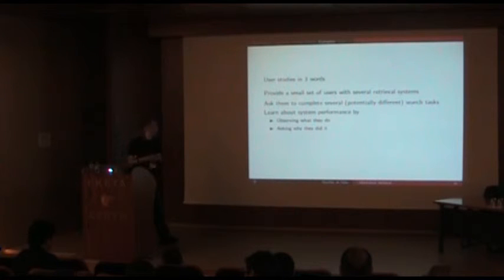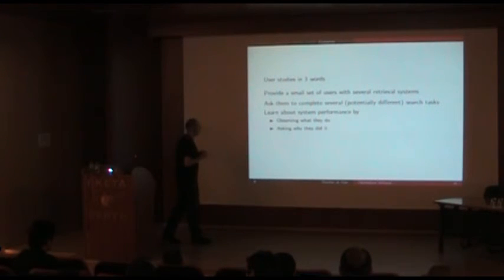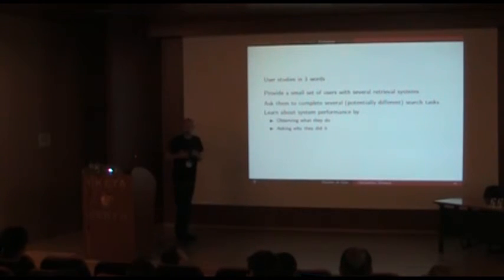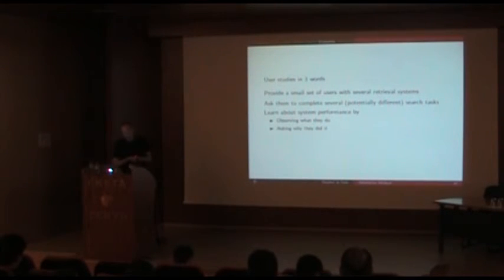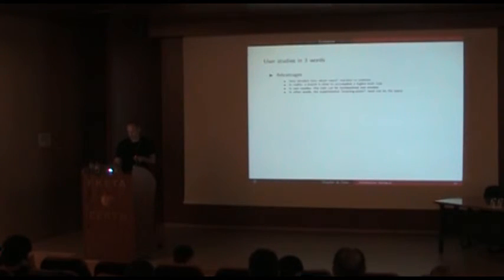User studies in 3 words. That's for instance what we used in that study for diversity that I mentioned before. So you take this relatively small set of users with multiple retrieval systems, and you ask them to complete some tasks, and you learn about your system by observing what they do and asking them, if you see differences, how those came about, why they were doing what they were doing.